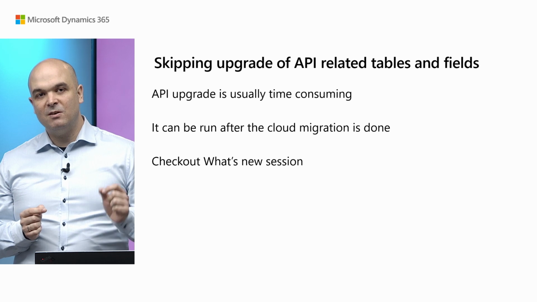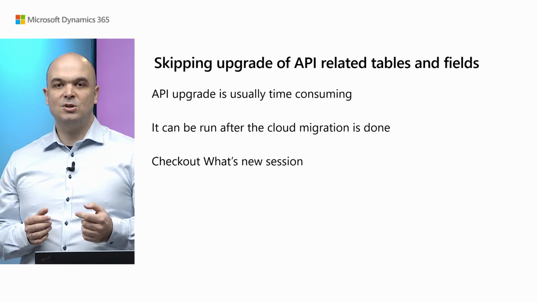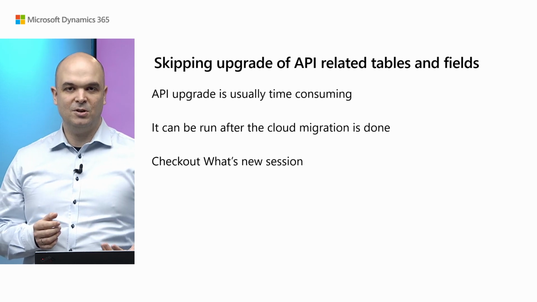For this reason, we have introduced functionality so you can run it after the cloud migration. We have a dedicated page that you can use to invoke the background jobs to upgrade this data. So it's safe to run after the cloud migration. Thus, we are recommending to skip this step. And we are going to be talking about it more in the What's New session.